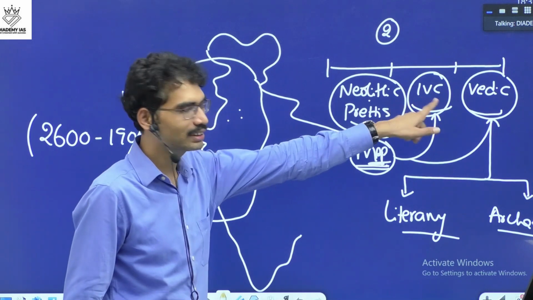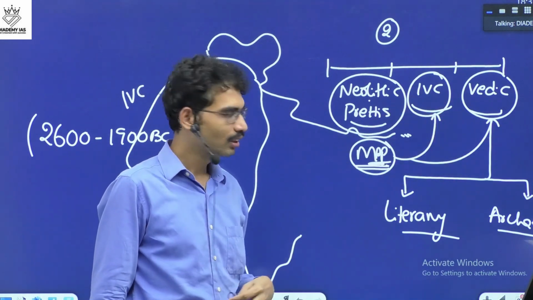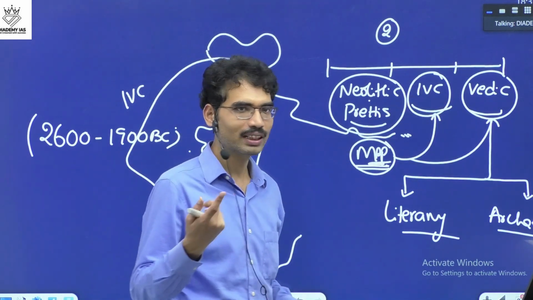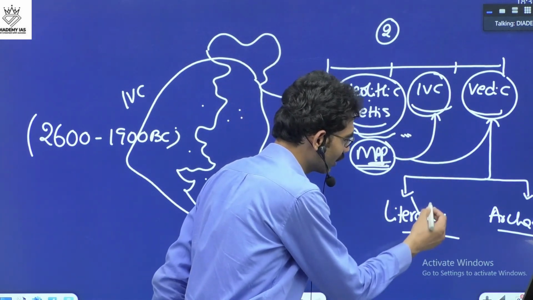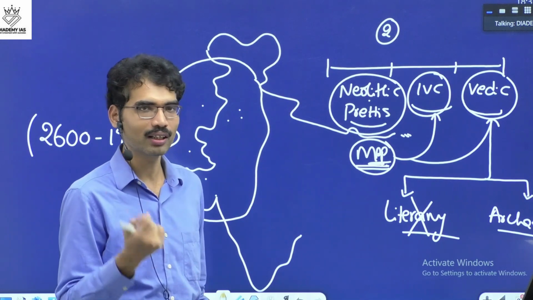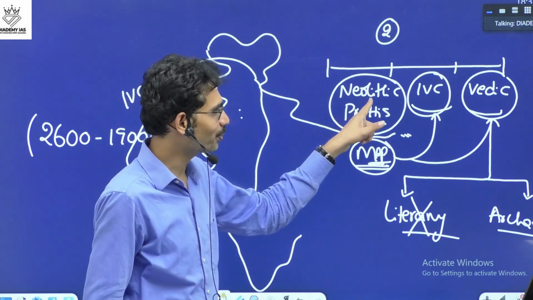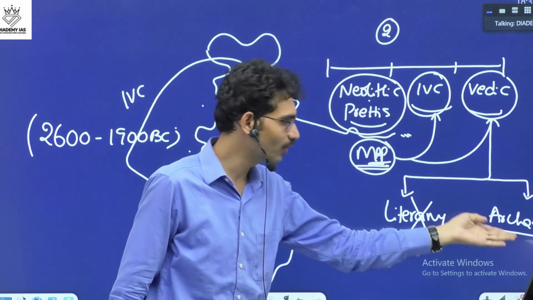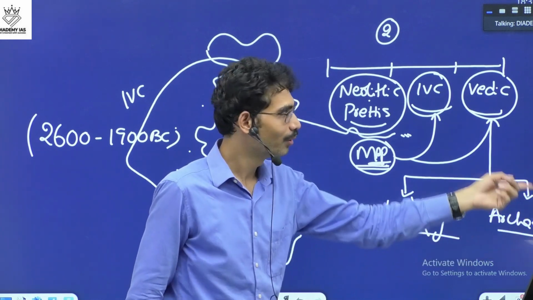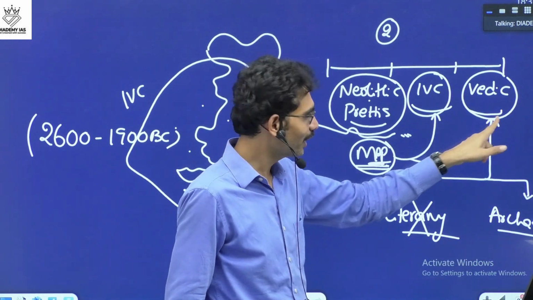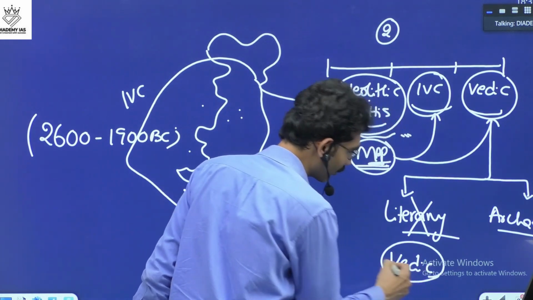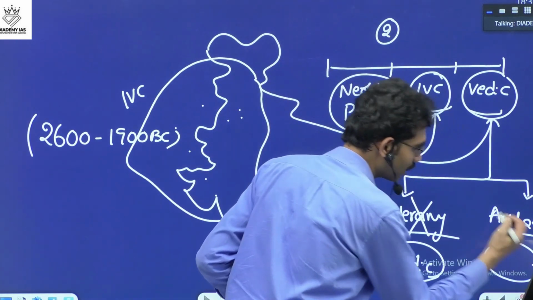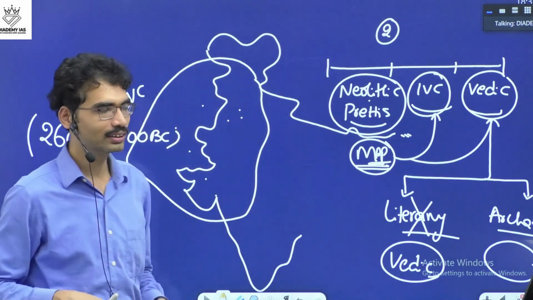When it comes to IVC, we don't have literary sources, because the script was there but we are not able to decipher it. That's why for IVC we have to depend on archaeology. For prehistory, Neolithic, Paleolithic, we don't have anything except archaeology. But when it comes to Vedic, we have literary sources, that is the Vedas and Vedic associated texts, and archaeological evidence is also important.